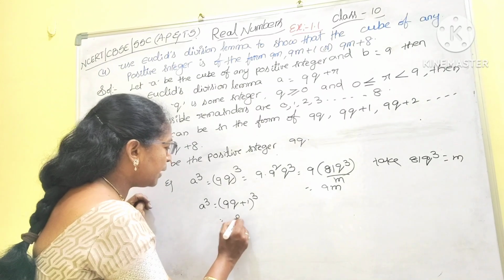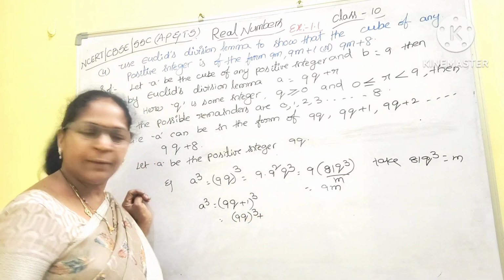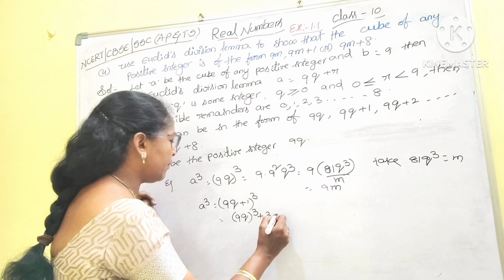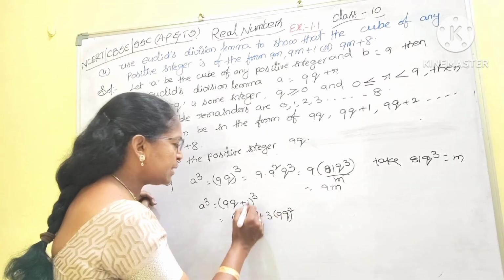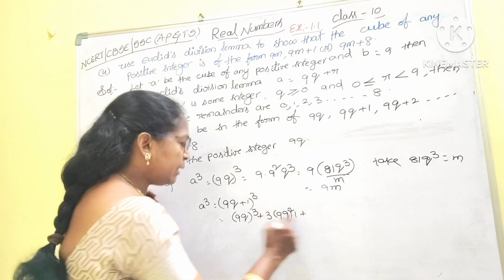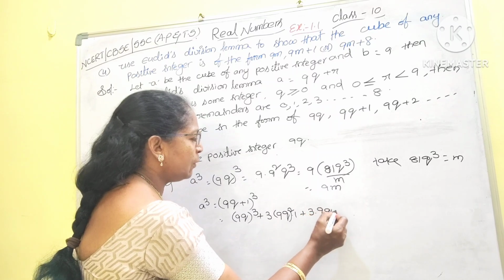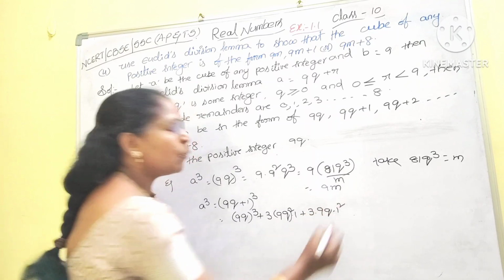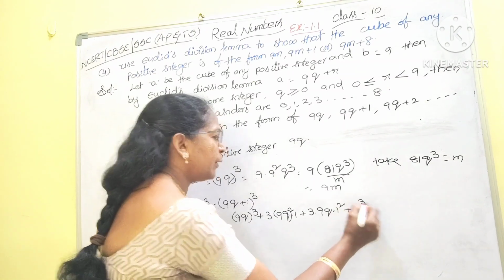So a cube means 9Q whole cube, 3a square b means 3 into 9Q whole square into 1, 3ab square means 3 into 9Q into 1 square, plus b cube is 1 cube.